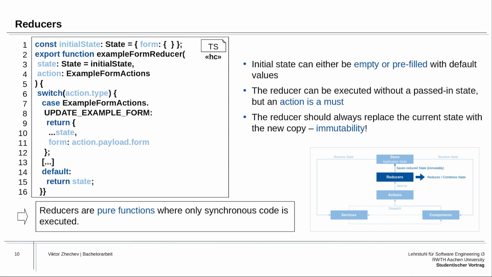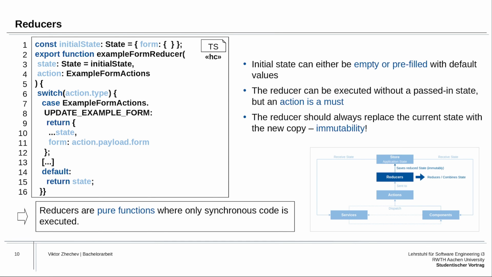Below that we have our pure functions for each action. If we receive an action, we take a copy from the old state, save our new input from the user in the copy, and then override the old state with the new copy.